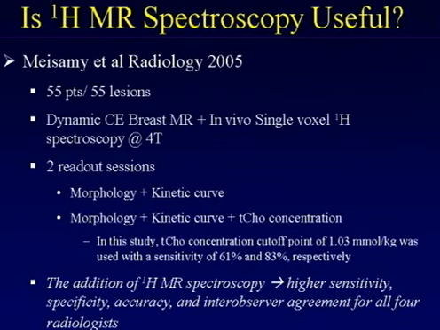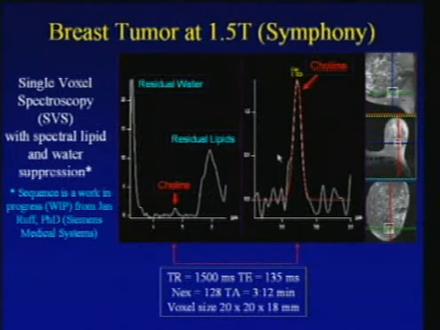One is conventional, just looking at morphologic and kinetic assessment, and the other was with morphologic, kinetic, and the choline information. And they concluded that with the additional information of spectroscopy, there is an increase in sensitivity, specificity, and inter-observer agreement.